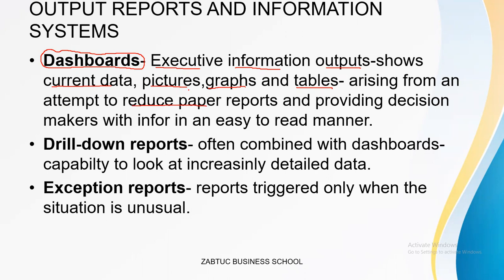So everything should come just on a single screen, providing decision makers with information which is easy to read. Instead of getting a big hard copy report and start flipping through the pages, it's not necessary. It's not at all necessary.